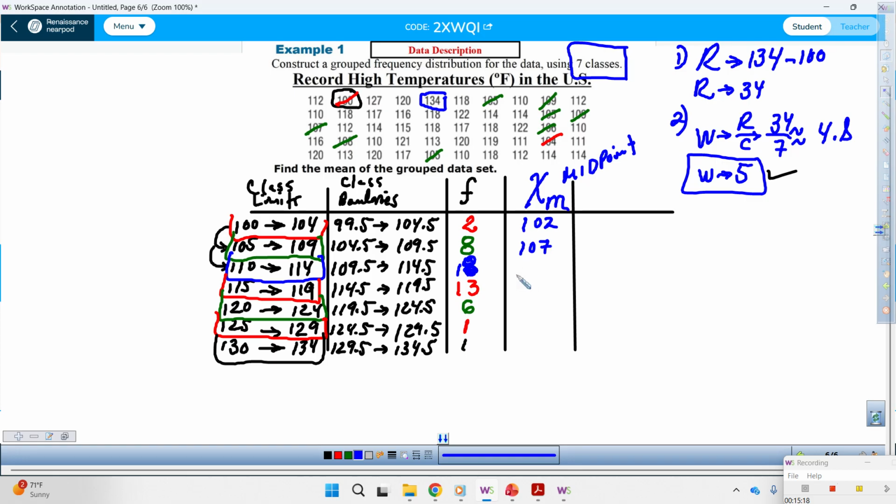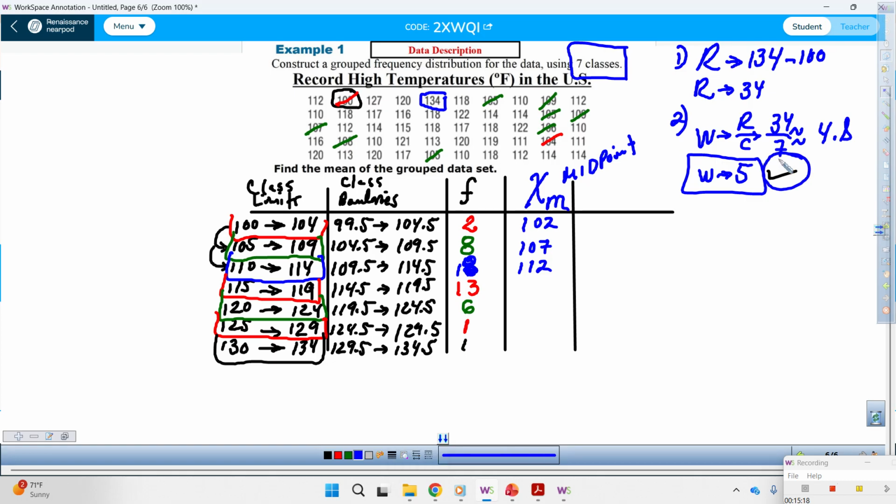Hands if you got 107. All right, next one. Continue, Hades. 112, very good.